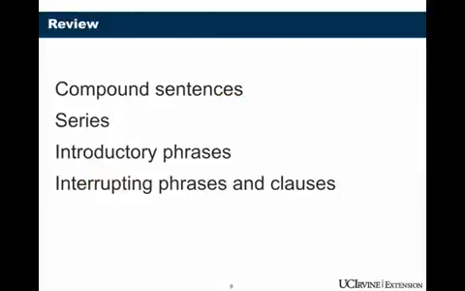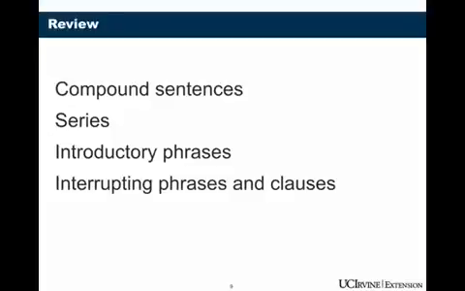Let's review. Remember that you need commas in compound sentences that have conjunctions. You put a comma before conjunctions like and, but, and or. You also use commas in a series when you have 3 or more nouns, verbs, or adjectives.